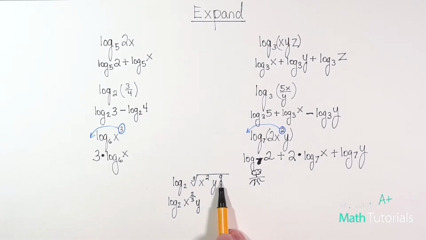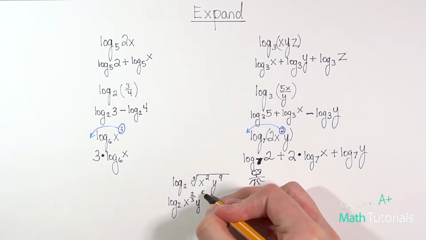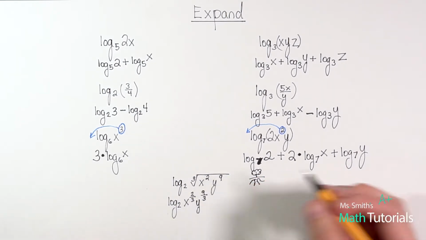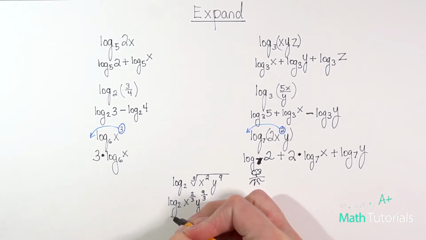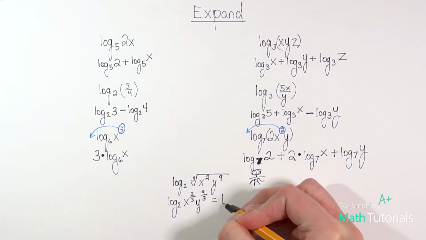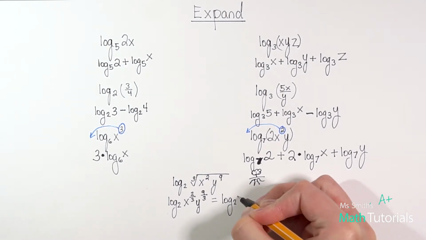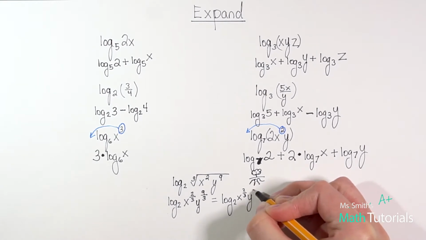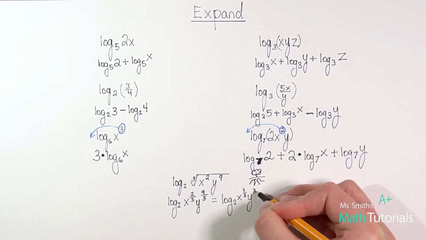The flower is the power of 9, and the root is the root of 3. So this is really, I'm just going to write a little equivalent here. Log base 2 of x to the 2/3 times y to the 3rd. 9 divided by 3 is 3.